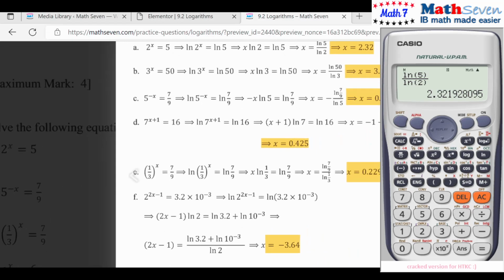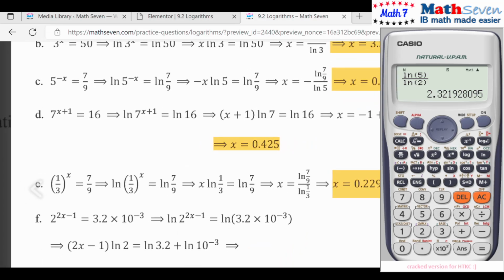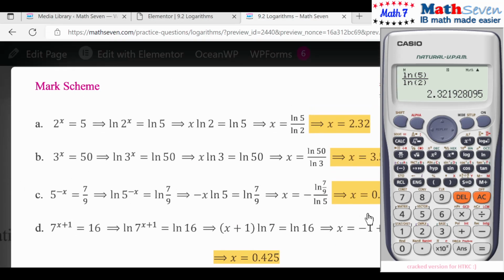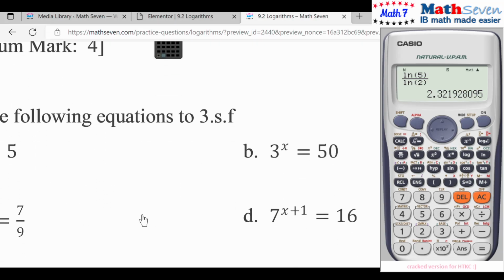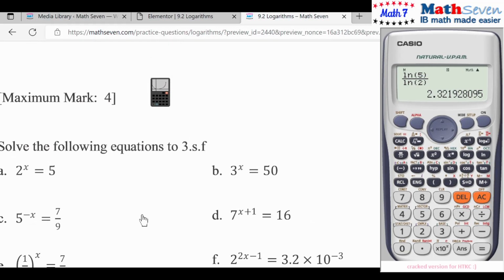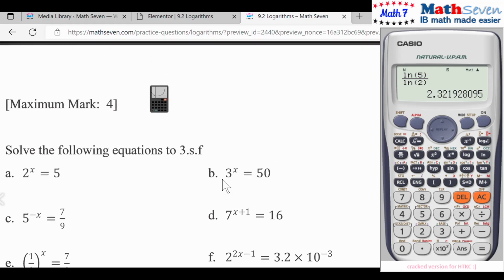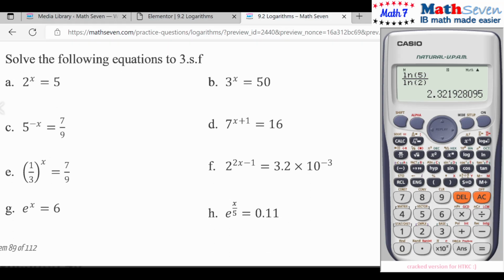Okay, now let's do part B. Part B is the same thing. Going back to the question, in part B, as you can see, it says 3 to the power of x equals 50. So what we're going to do is ln to both sides.